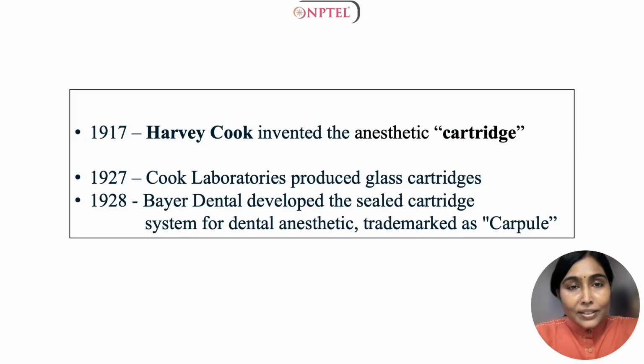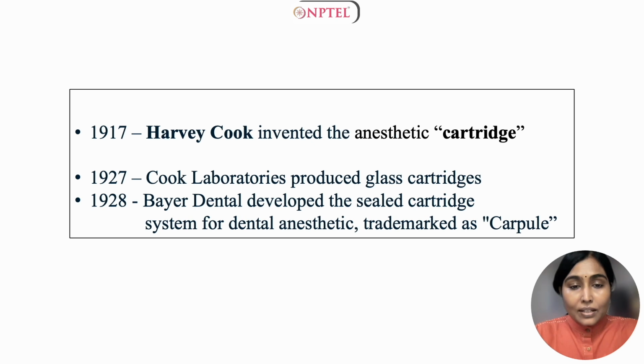Now here's some interesting history. During World War I, an American Army physician, Harvey Cook, invented the anesthetic cartridge. He based his idea on the cartridges used in a gun barrel. In fact, he cut the glass tubes himself from laboratory tubing. In 1927, Cook Laboratories produced the first glass cartridges in a commercial manner.